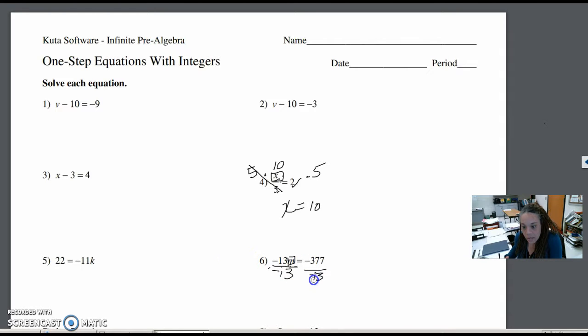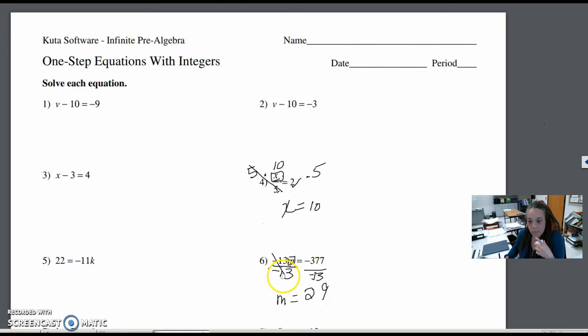Those cancel out, and we have m equals, and now we have two negatives. A negative divided by a negative is going to be a positive answer, so I don't have to worry about that. So I'll take 377 divided by 13 in my calculator, because it's quick to do the math that way, and that will give me the answer of 29.